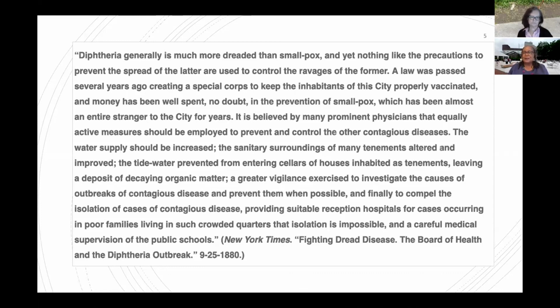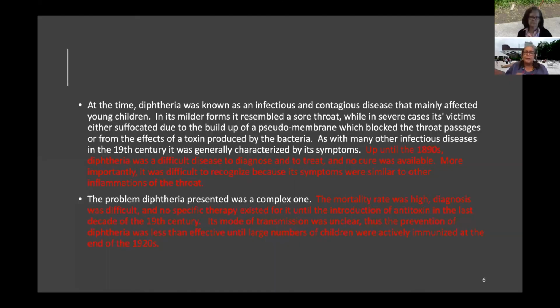As I was putting this slide deck together, I'm thinking, oh my goodness, we really are talking about issues that are really quite prevalent for us today. So it was an infectious, contagious disease that manifested largely in young children. As I said, it resembled a sore throat. And then you have the cases due to the blockage, due to the pseudomembrane.